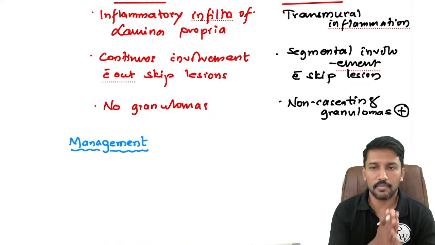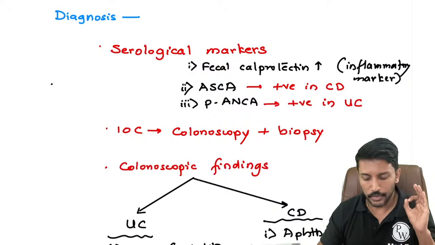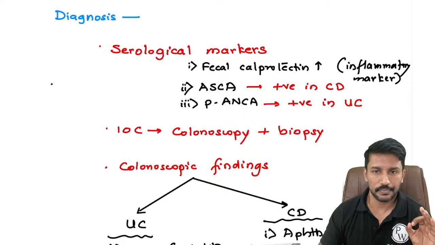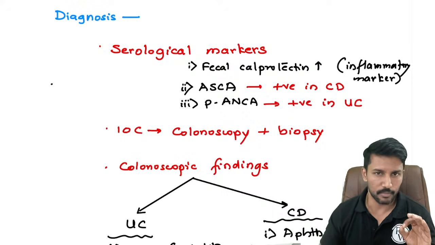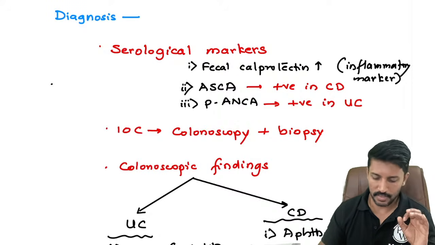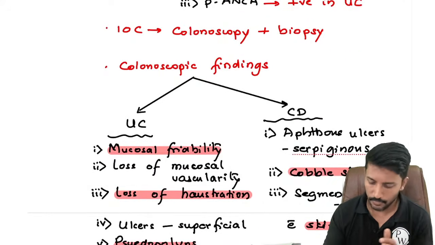So with this, we have established that it's a patient with ulcerative colitis. For diagnosis, what have we utilized? We have utilized the serological markers. The preferred inflammatory marker is calprotectin, along with anti-Saccharomyces cerevisiae antibody and P-ANCA. Investigation of choice is colonoscopy with biopsy.